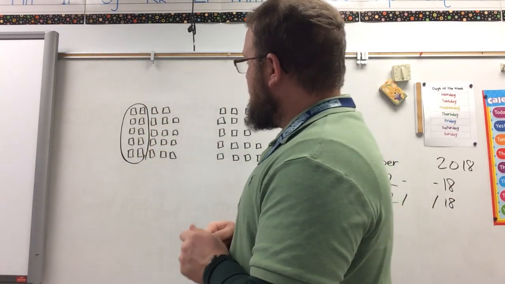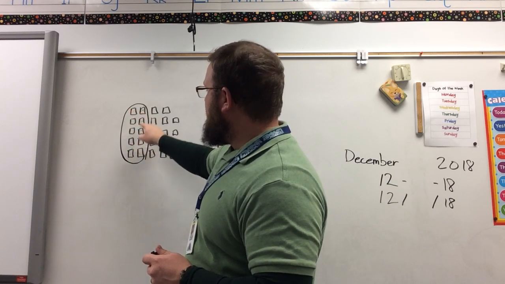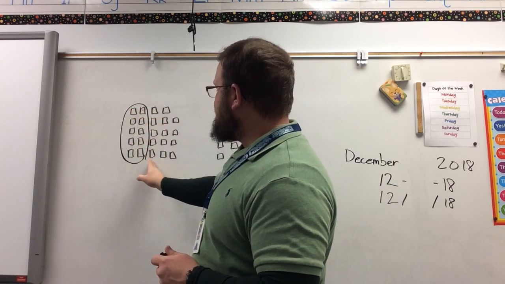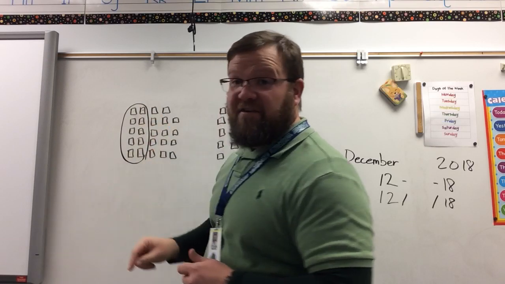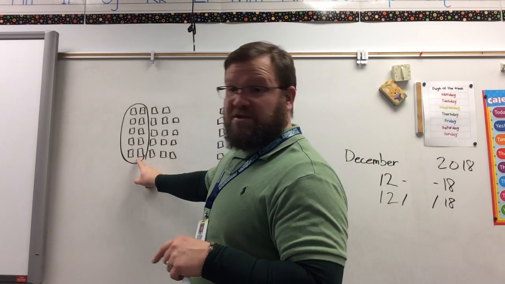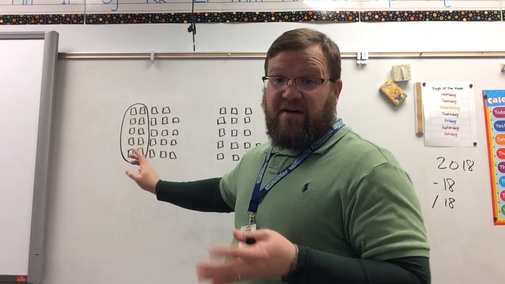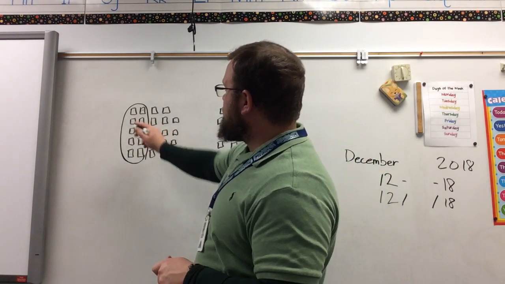Well, I also know that if I have the same number in each column, every time I have two columns of 5, that I have 10. If I have two columns that have 5 in each, that's 5 plus 5. And so I can circle this one.